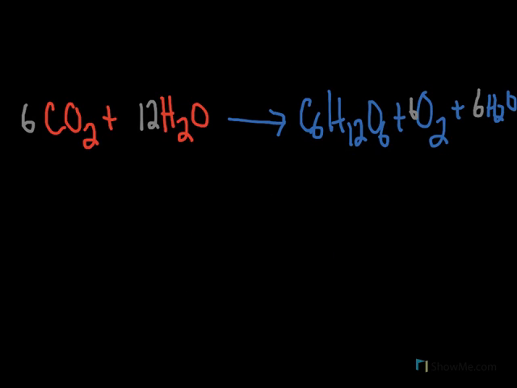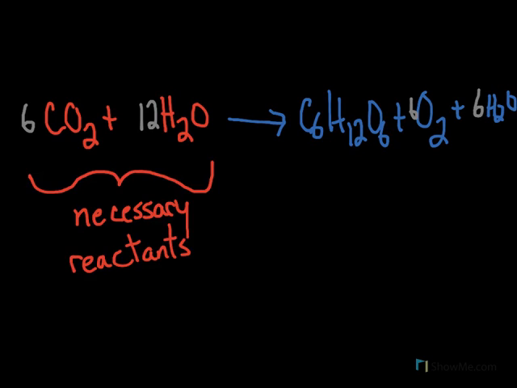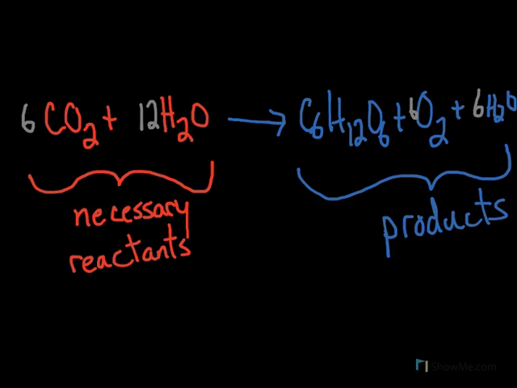What we should also remember is that the two molecules on the left are needed for photosynthesis. So we call these things necessary reactants or reactants. And what about the products on the right-hand side of the formula? The main product that is significant certainly is glucose.